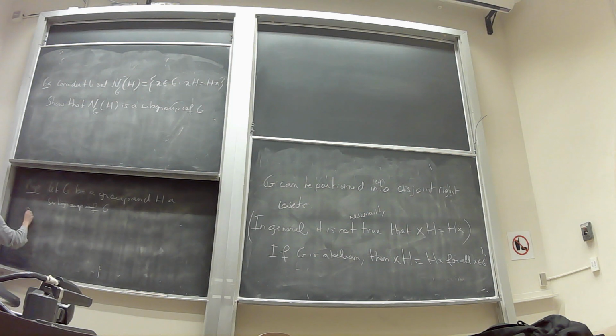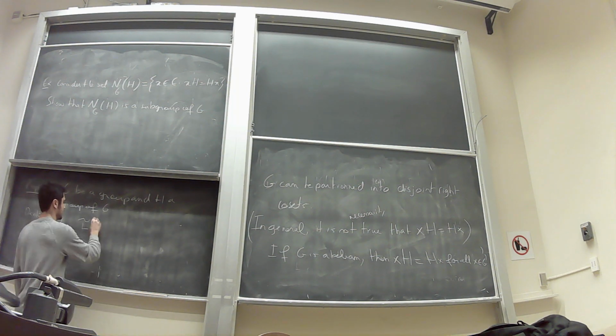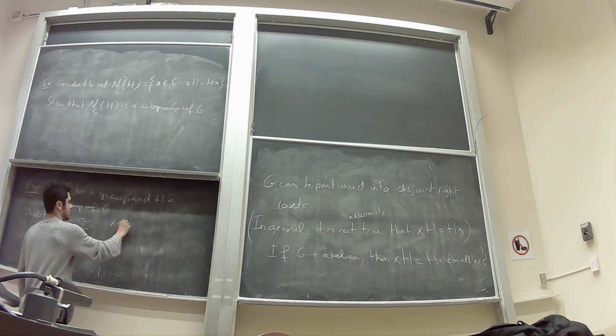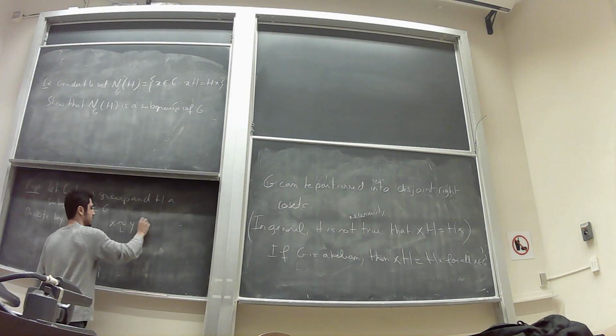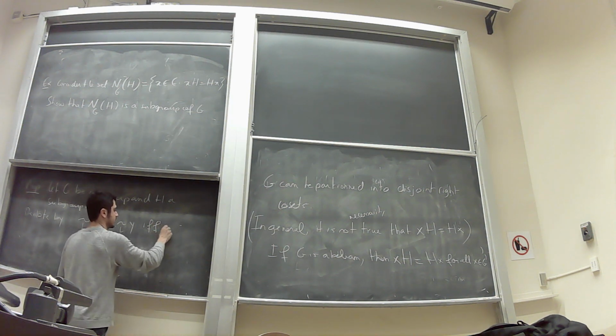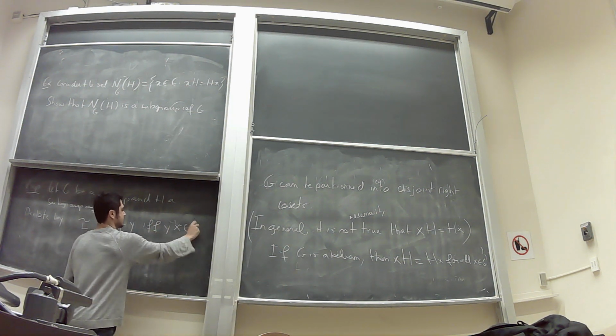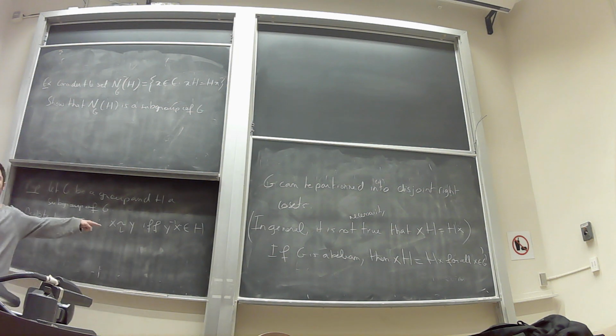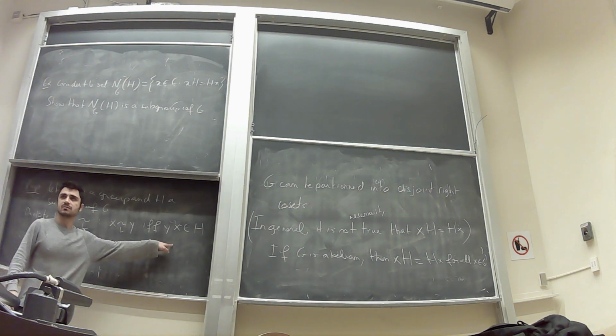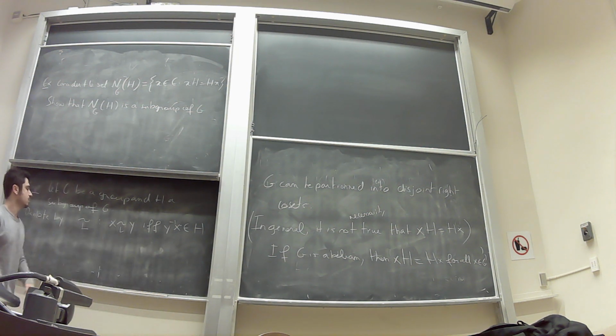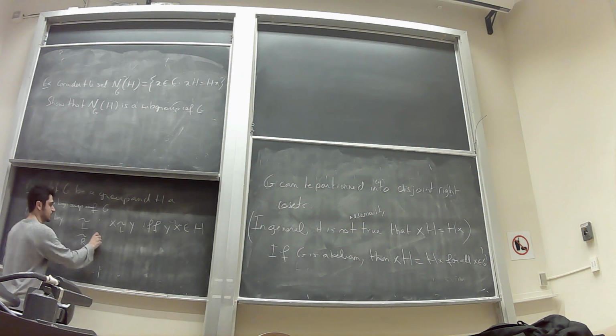Denote by, I'll just call this one left, x left y if and only if y inverse x belongs to H. This is the equivalence relation we saw on Friday, right? I'll just call it left here because the equivalence classes are the left cosets.